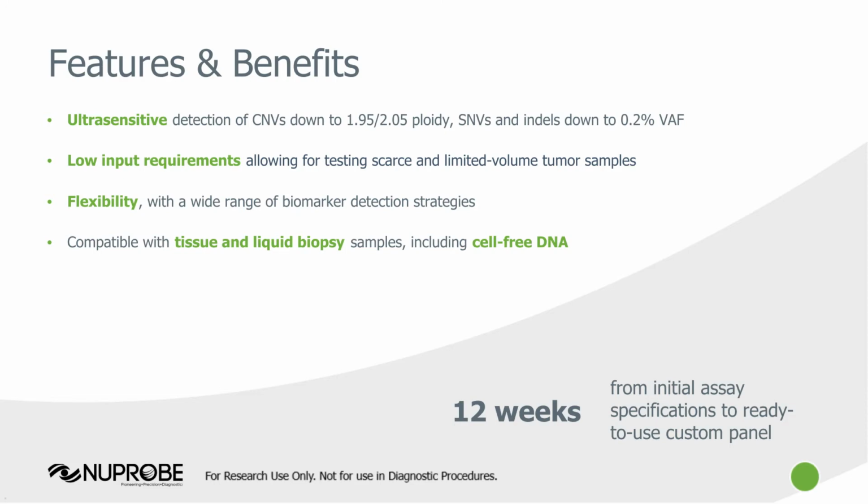A flexible solution to integrate a wide range of biomarkers, not just limited to copy number variations, but also including mutations and indels. And compatibility with cell-free DNA for non-invasive testing in addition to tissue samples. It typically takes about 12 weeks from the initial assay specifications to a ready-to-use custom panel.